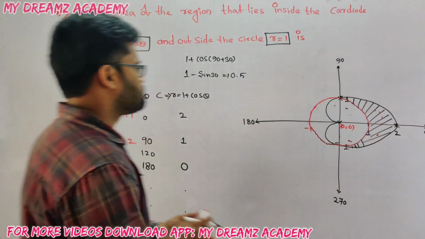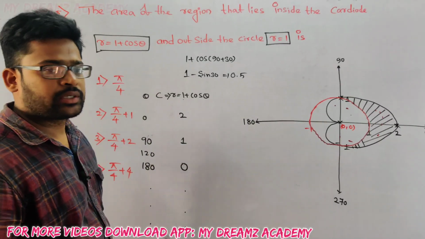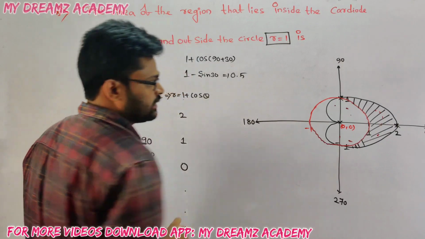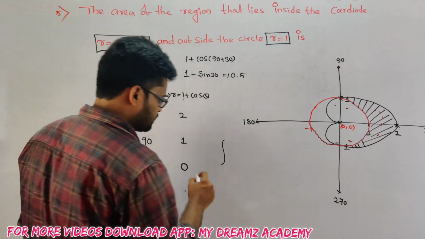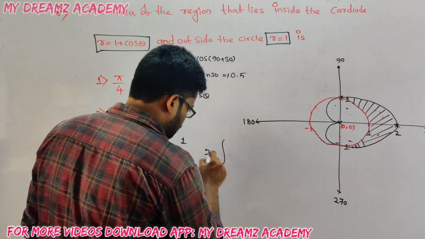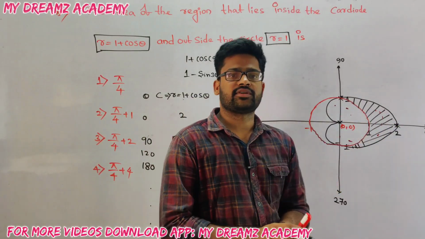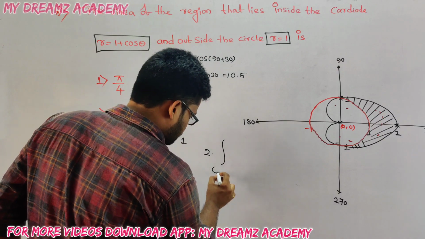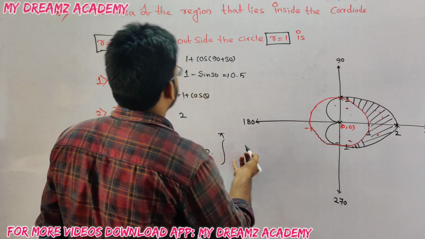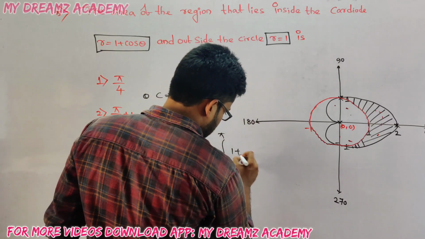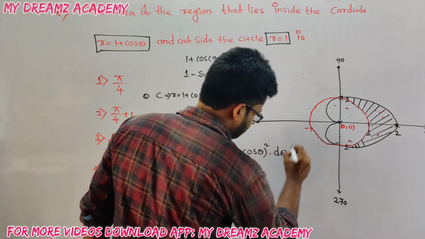Simple. Now how can we calculate the area of the cardioid? I am writing it like this: I am multiplying by 2 because I am considering only the angle from 0 to 180 degrees, so 0 to pi, and r square, that is 1 plus cos theta whole square, into d theta.